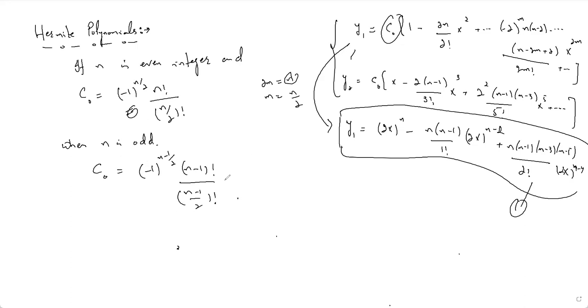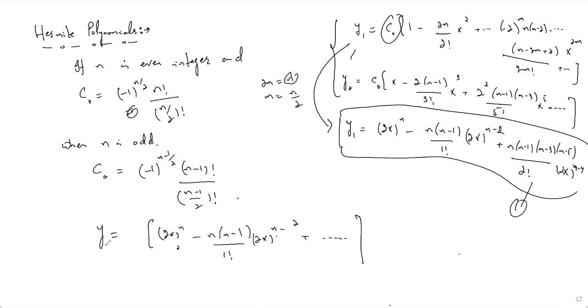Simple. Now similarly I will have these terms, the coefficients c1, c2, c4. So the solution y will now be equal to 2x raised to power n, the first term, c0, because it will again be 2 raised to power n, minus n into n minus 1 divided by 1 factorial into 2x raised to power n minus 2, see here, plus some other terms.